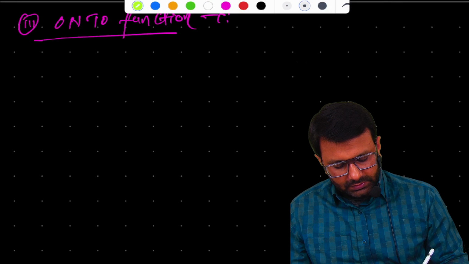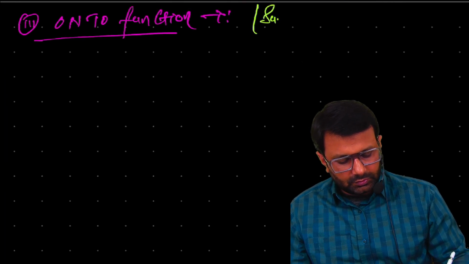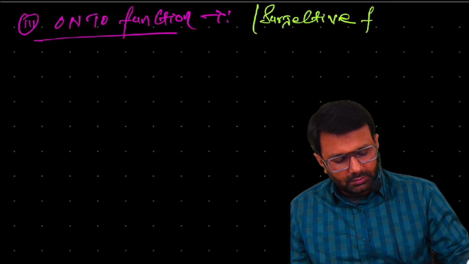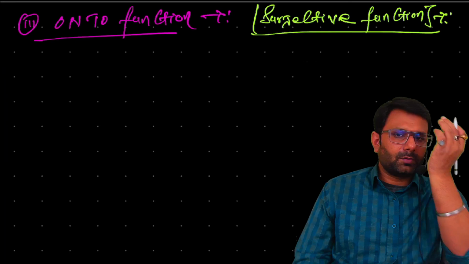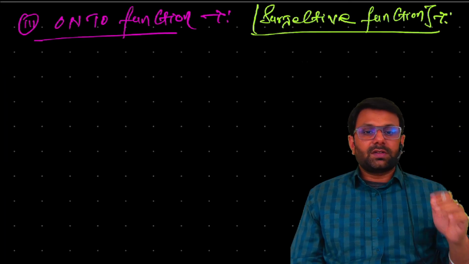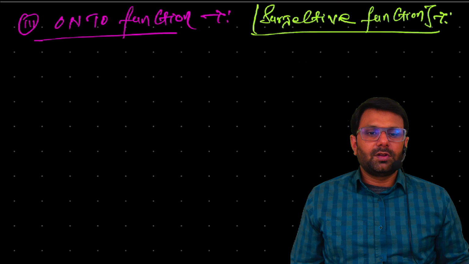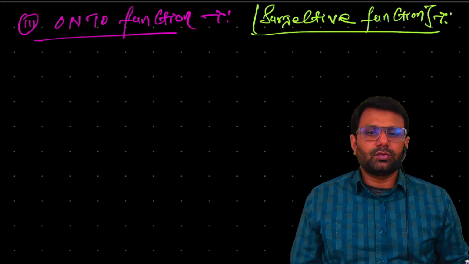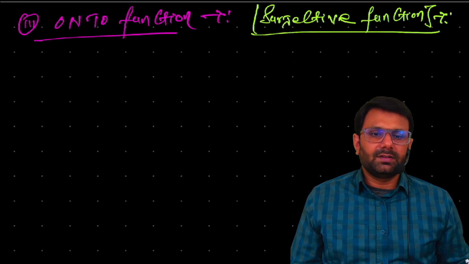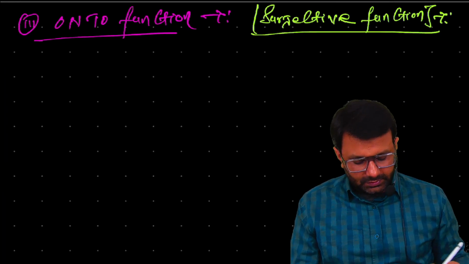What is onto function? This is also called surjective function. Anyone? Okay, no problem. Range is equal to codomain. Or you can say like this: if all the elements of set B are connected to elements of set A, then the function is called onto function.